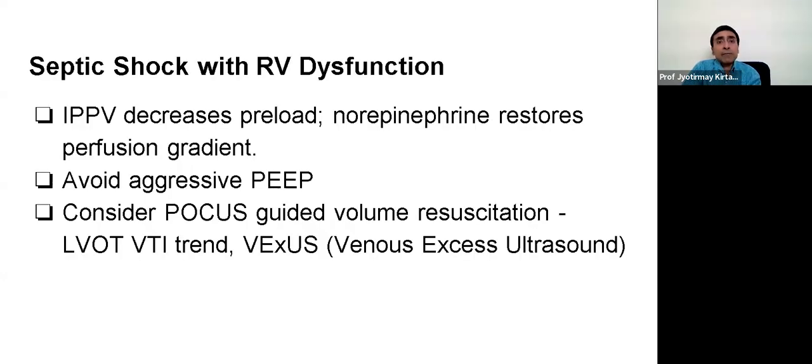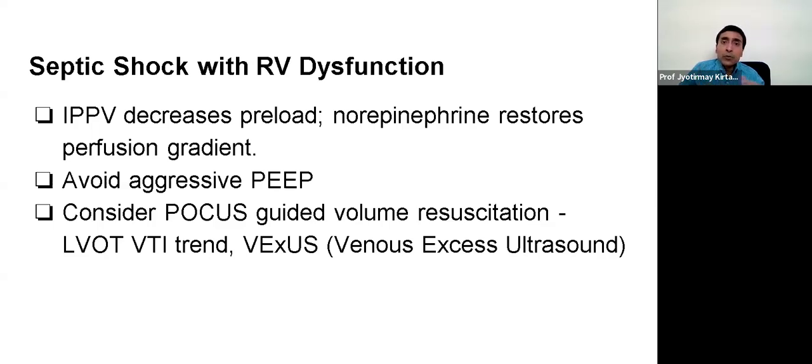Now the septic shock with RV dysfunction. Positive pressure ventilation will decrease preload, and norepinephrine we use to restore the perfusion gradient of the right ventricle. Otherwise, if the blood pressure drops so much, the right ventricular perfusion pressure drops.